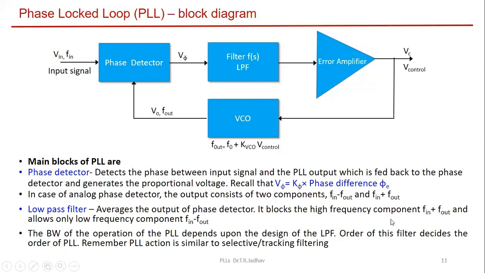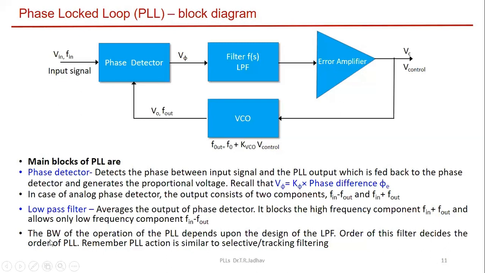It blocks the high frequency component Fin plus Fout. If we use the analog type of phase detector, as we have seen, it generates two components, Fin minus Fout and Fin plus Fout. Since this is a low pass filter, it will allow only the low frequency Fin minus Fout, and it will block the high frequency component, which we are not interested in, because we are only interested in the difference.